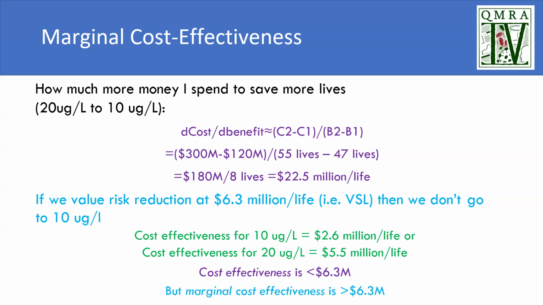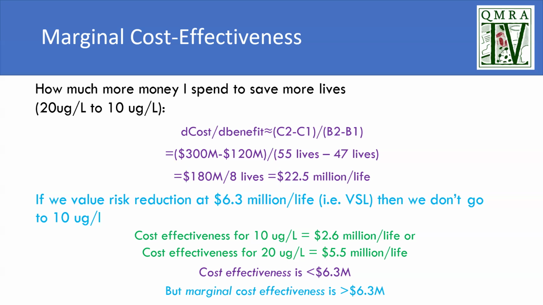Typically, we have a certain value that we assign, the value of a statistical life, from your risk valuation modules. And if we assigned a value of $6.3 million per life as our basis for the VSL, then we see that it would not be justified to go to 10 micrograms per liter, because the marginal cost effectiveness of going from 20 to 10 greatly exceeds $6.3 million per life.